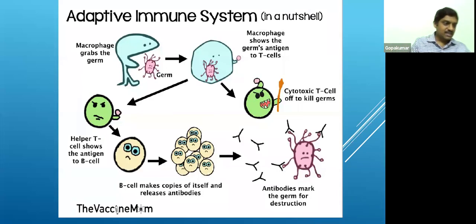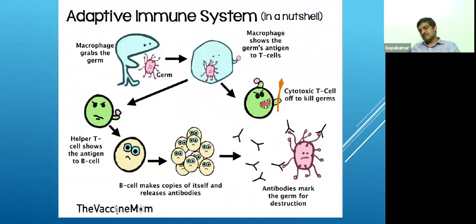But what the helper T cell will do is take the germ's antigen and show it to another cell called a B cell. The B cell makes a lot of copies, because the B cell has a memory cell. That's the beauty, the core of our immune system.